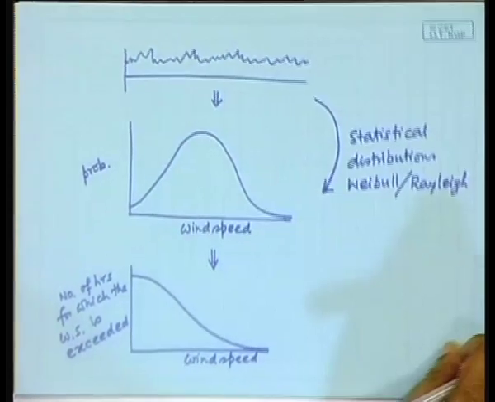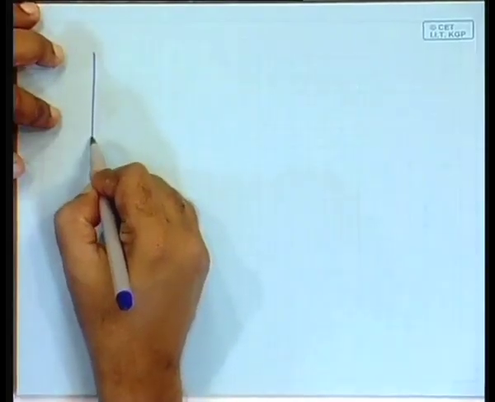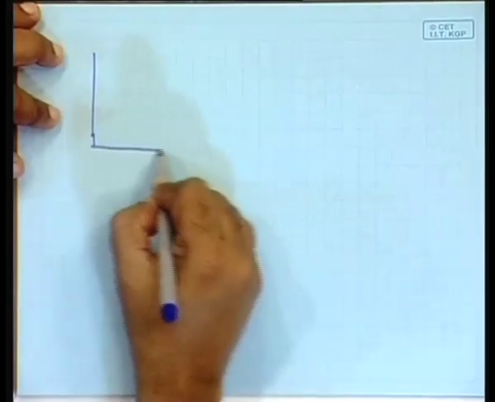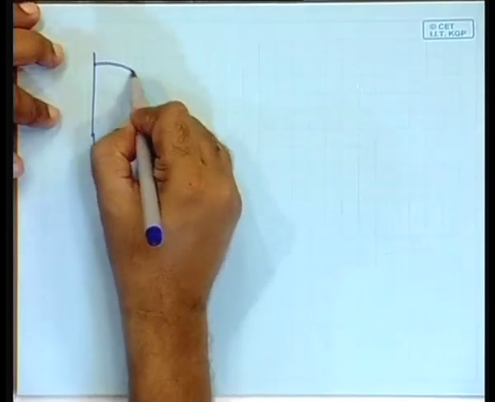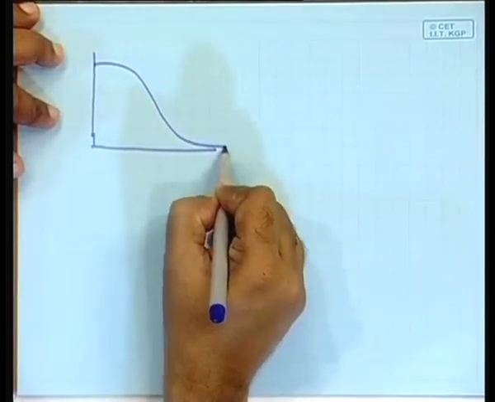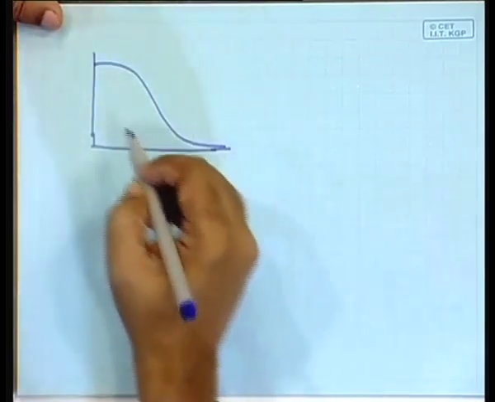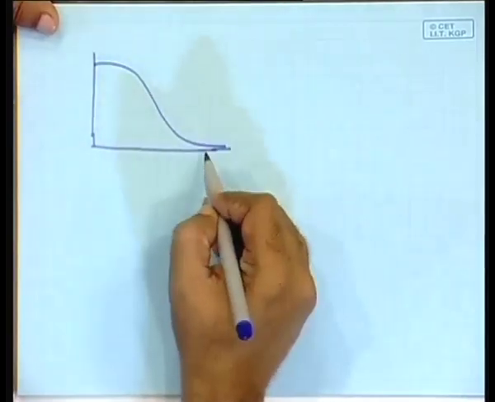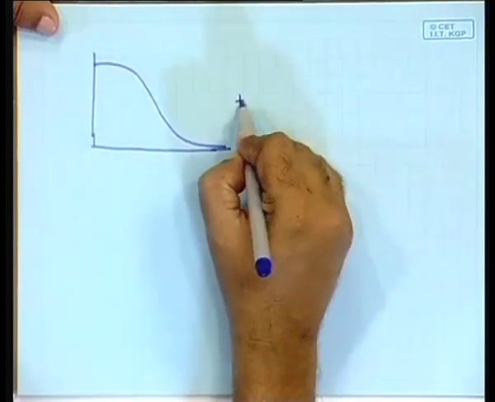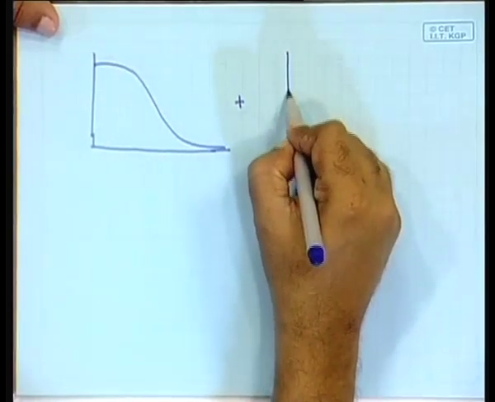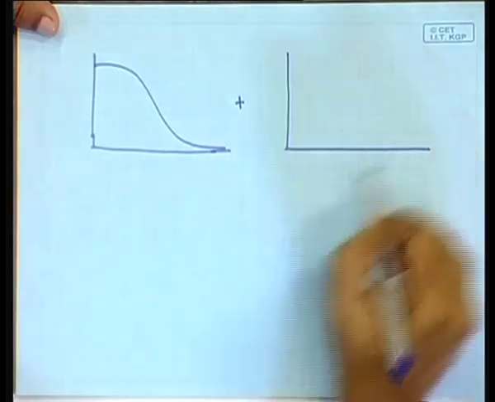So, we had come here and then we said that first we have these characteristics representing the character of the site. This is the wind speed distribution characteristic, and we have to add the characteristic of the wind turbine.